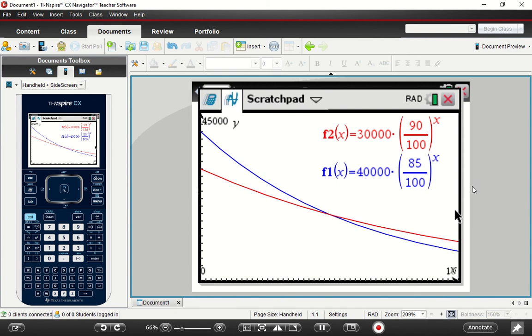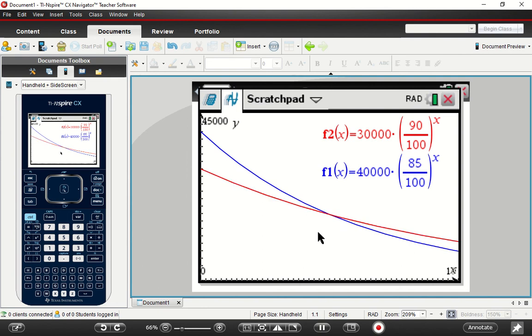All the way till right here. And at this point right here is where it changes. That means that the red one, your Ford, is going to be worth more than your Kia at this point right here.